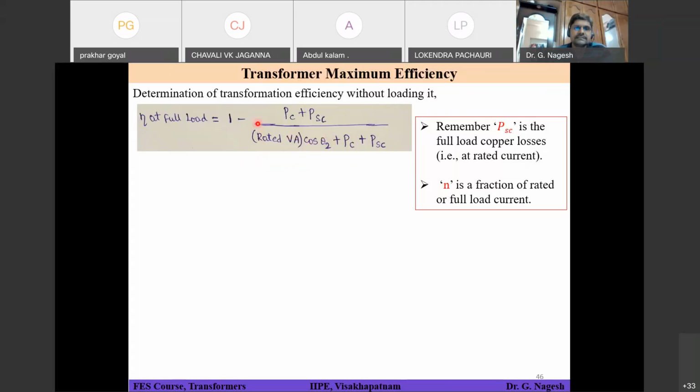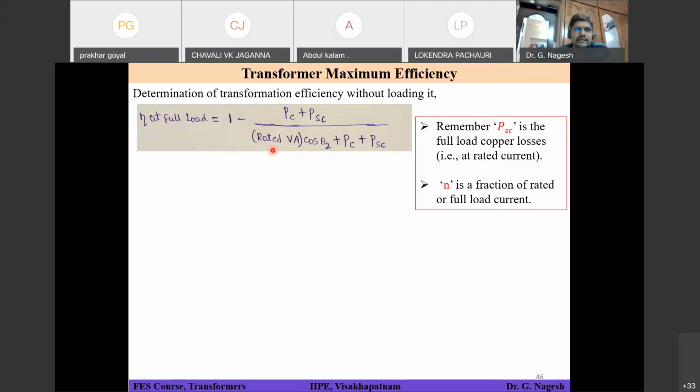So rated VA into cos of theta 2 is the rated power output. If current I2 is N into IFL, in that scenario what will be this value? It is N times the previous one. Why?